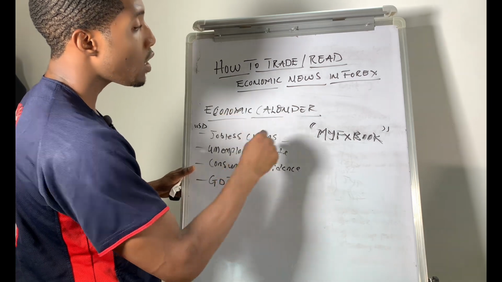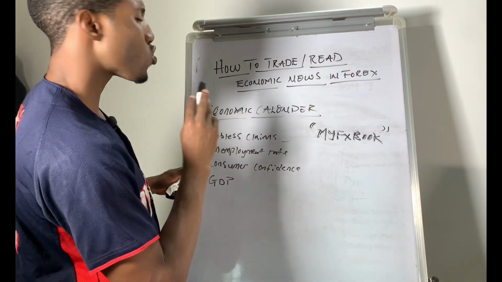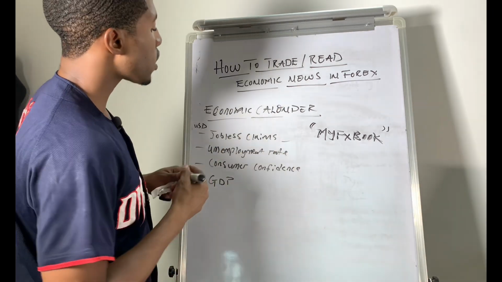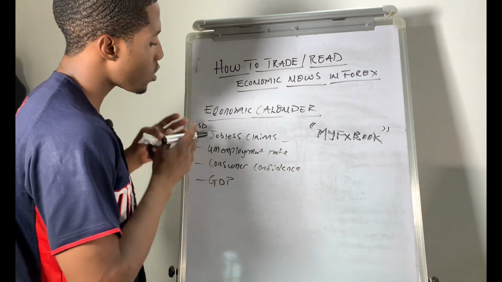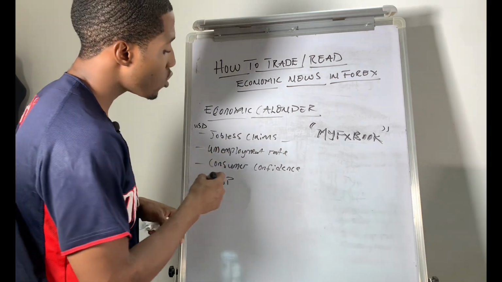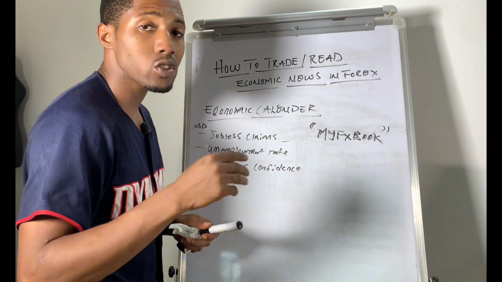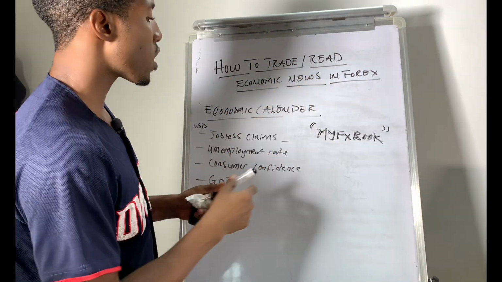It will briefly explain the meaning of jobless claims to you. So you don't actually even need me to start telling you what is jobless claims, or what is unemployment rate, or what is consumer confidence, or what is GDP. Everybody knows GDP, but the news platform will break it down for you what it means. So it's there. I'll show you guys practical.